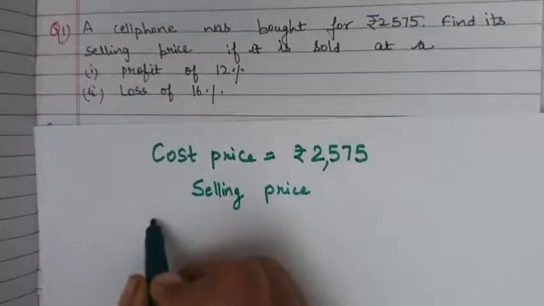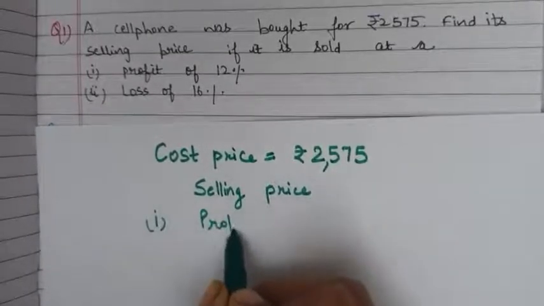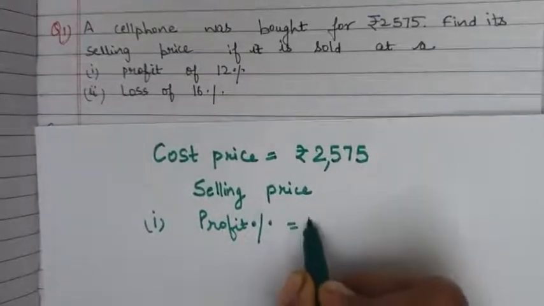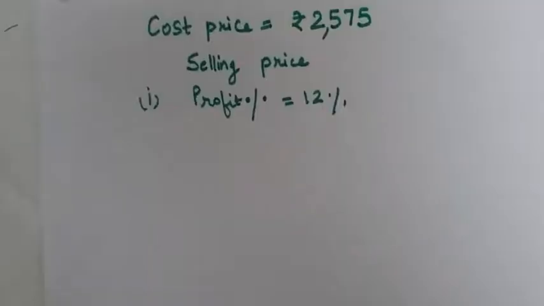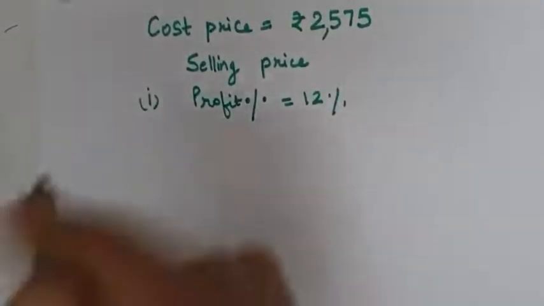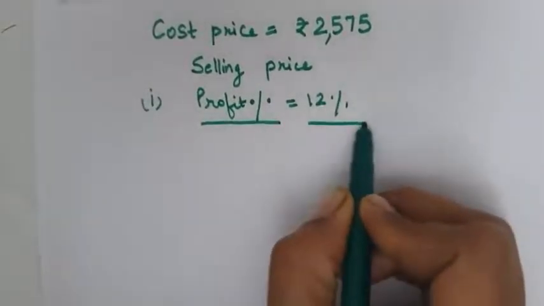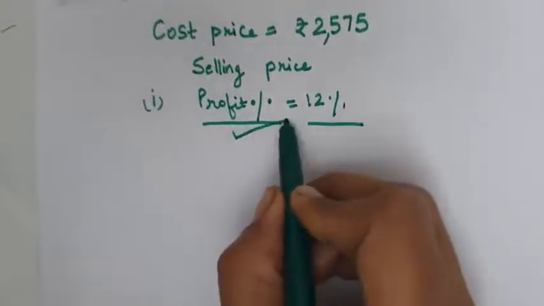If number 1, the profit percentage is 12%. Now students, profit percentage is given to you, so let us start with the formula of profit percentage.